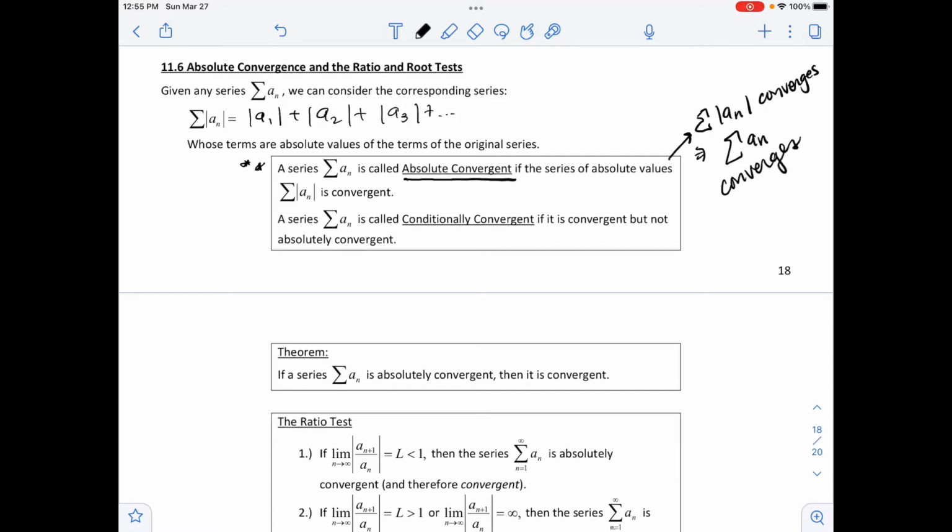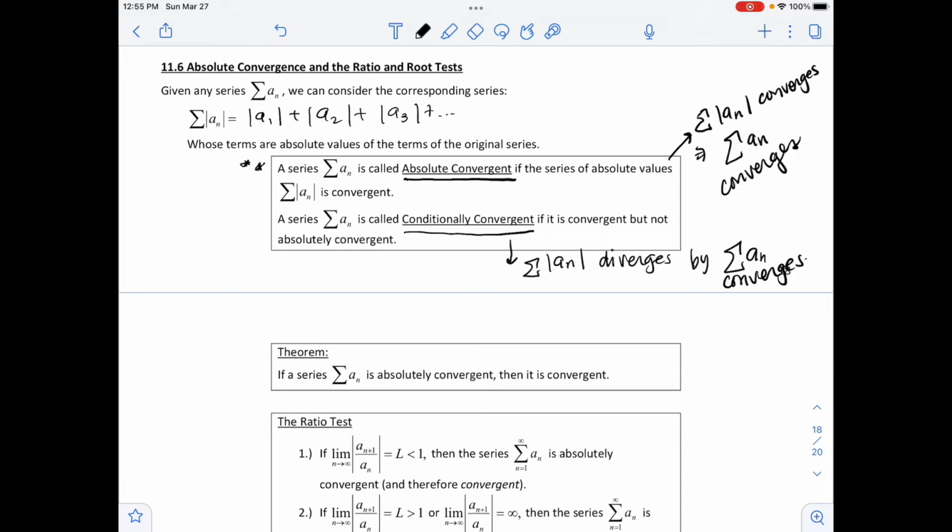And then it also says a series, the sum of a sub n, is called conditionally convergent if it is convergent but not absolutely convergent. And so for this, the sum of the absolute value of a sub n is going to diverge, but the sum of the series a sub n will converge.